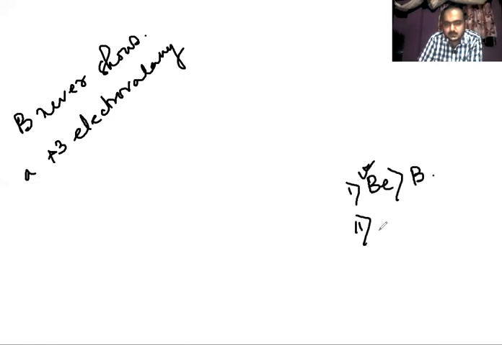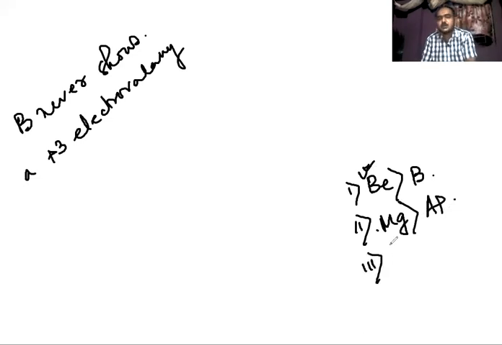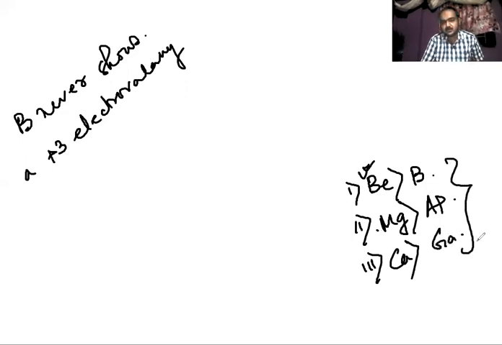Number two is magnesium, which is greater than aluminium. Then it is beryllium, magnesium. This is calcium. You can see calcium has a higher ionization energy than gallium. These are the trends. You should remember this. These are the exceptional cases.